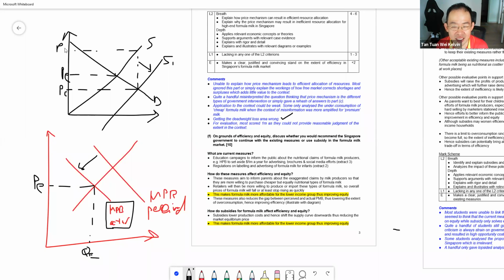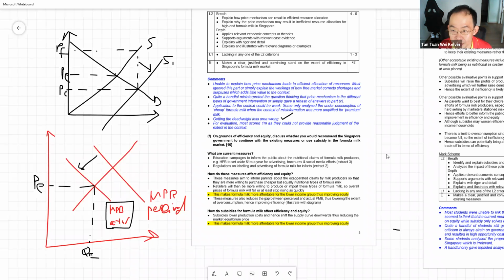This means that the low-income households, right, are able to afford the milk. So one of the reasons for equity, as I explained many times, right, if you are low income, you may have the willingness, but you lack the ability to signal your want. So that is also an unsatisfactory allocation. So by having a government subsidy, you are lowering the price for the low income so that they can consume the milk.